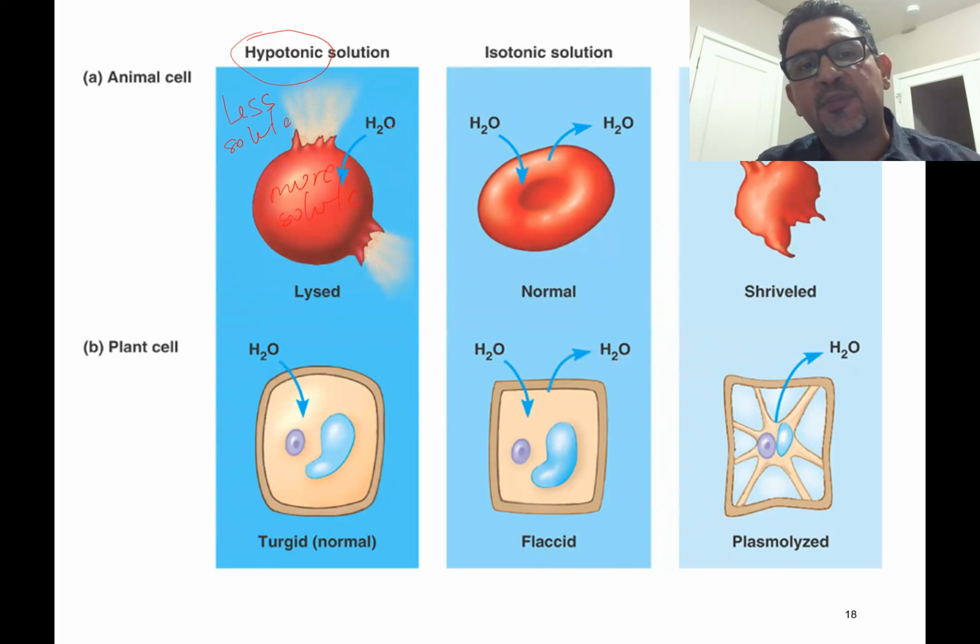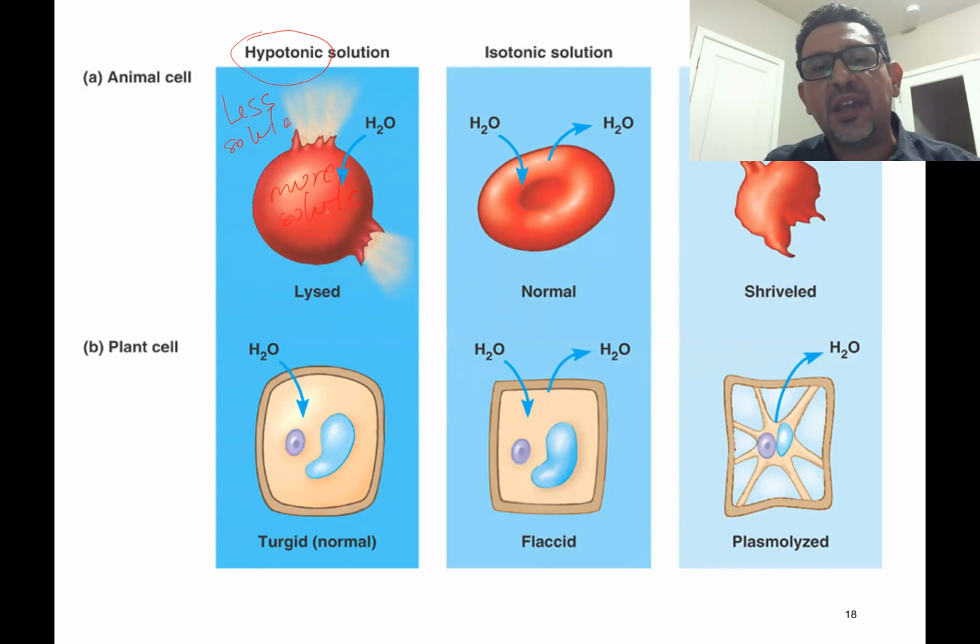Greater water is expected to be found where you have a lower solute concentration, and water moves into the cell. In a hypotonic solution, a cell can gain so much water. In the case of an animal cell, which is only surrounded by a flexible plasma membrane, this cell is going to lyse, is going to rupture. The plasma membrane will break because it will not be able to hold the contents of the cell.